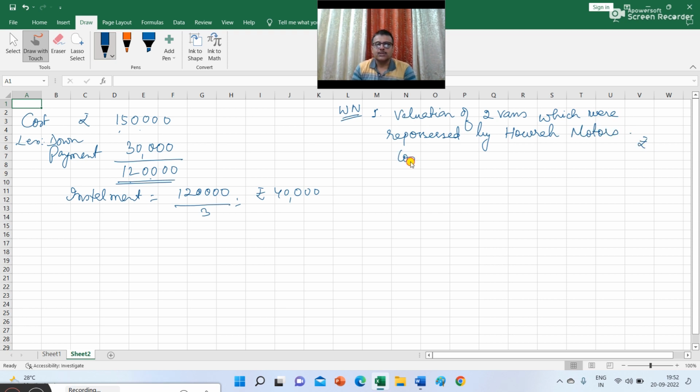So the cost of the two vans, 2 into 50,000. So this is on 1st January 2013. So this is 1 lakh rupees less depreciation charged on 31st December 2013 at the rate of 30%.